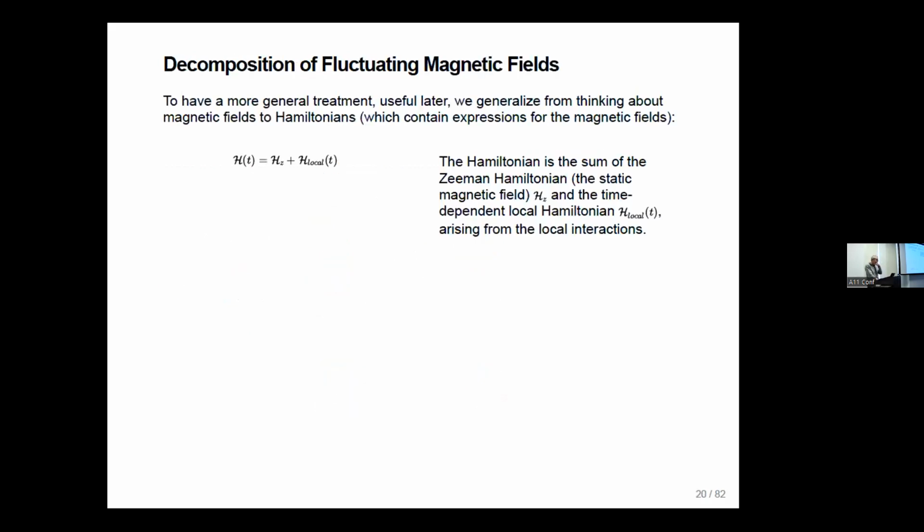And if I wanted to generalize this to Hamiltonians, it would be exactly the same. I have the so-called Zeeman Hamiltonian that contains the B naught field and the chemical shift.